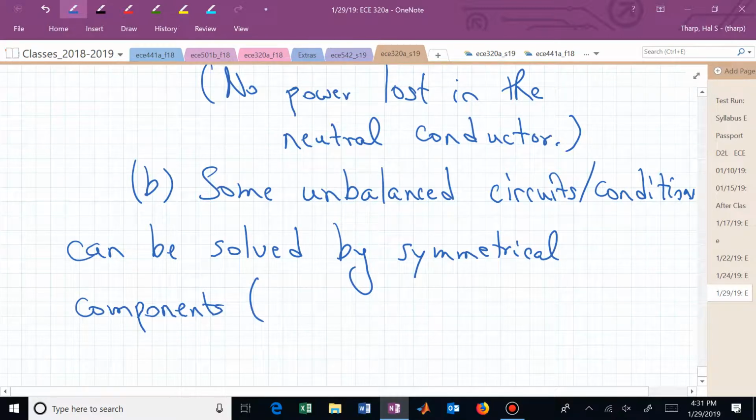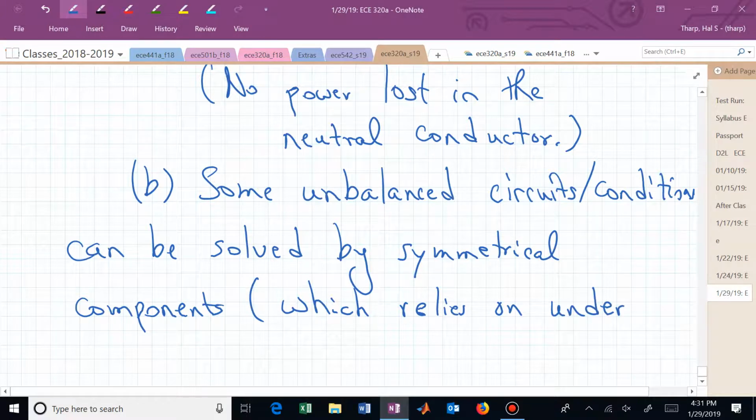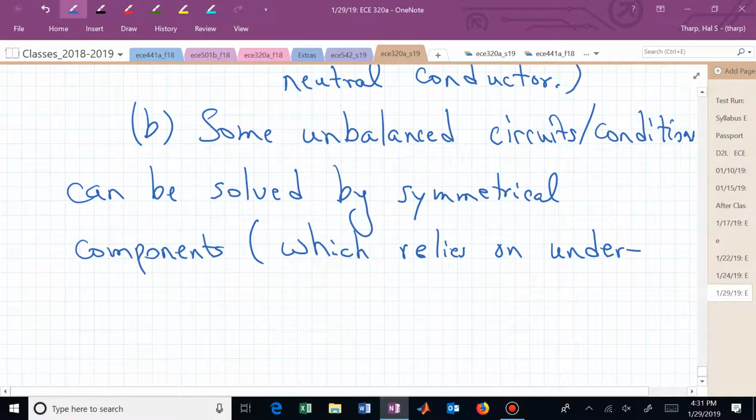And those actually rely on a good understanding of balanced operations.